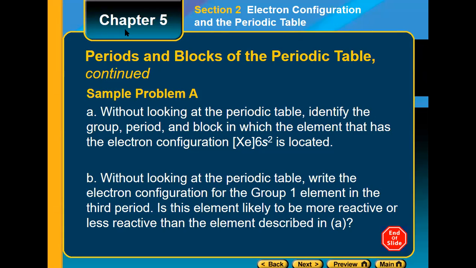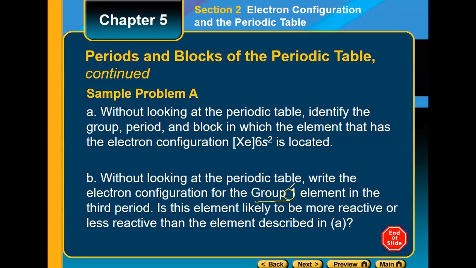Let's translate what is given in this one. He said, without looking at the periodic table, write the electron configuration for group 1. So group 1, what I can figure is that the outermost energy level will just be filled by 1 electron.